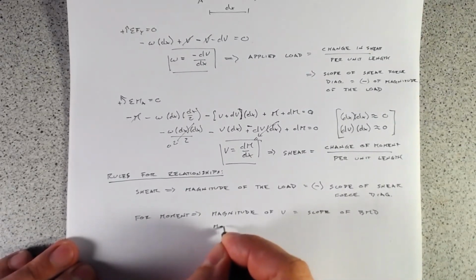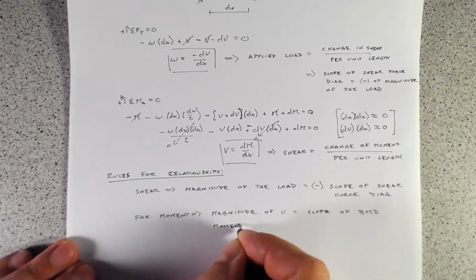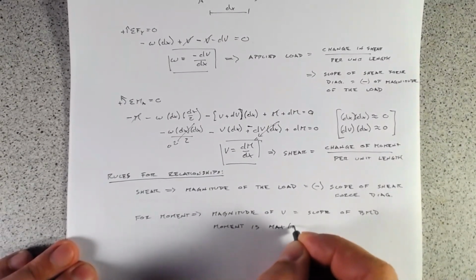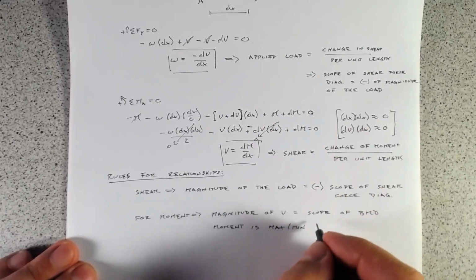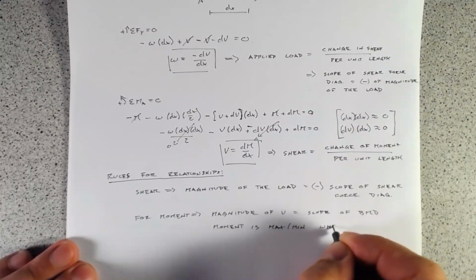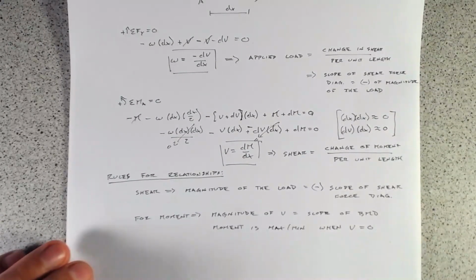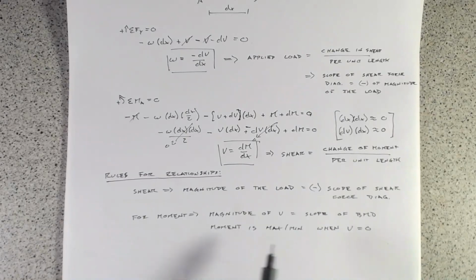Moment is max or minimum, both are true, when V equals 0. And again, that's because the slope is 0. So by max or minimum, I'm talking in terms of when the curve has a slope of 0.